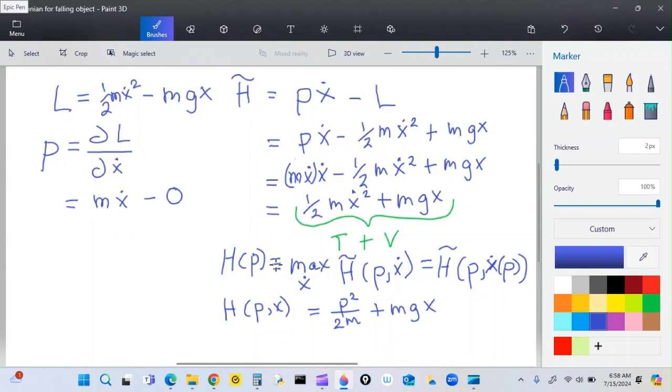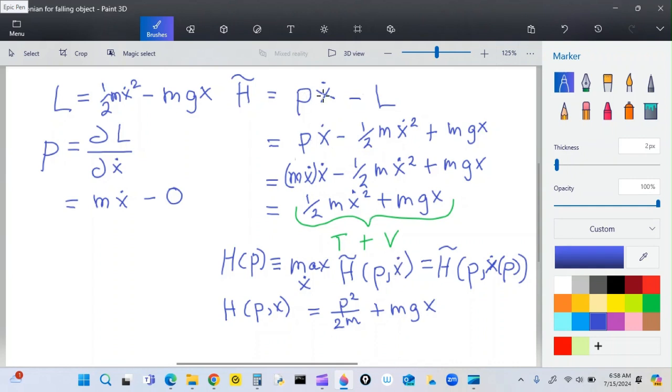The definition, that's what the three dashes here are for, not equals but defined as, is the maximum over velocity where we have the extended Hamiltonian, which is a function of momentum and the velocity.